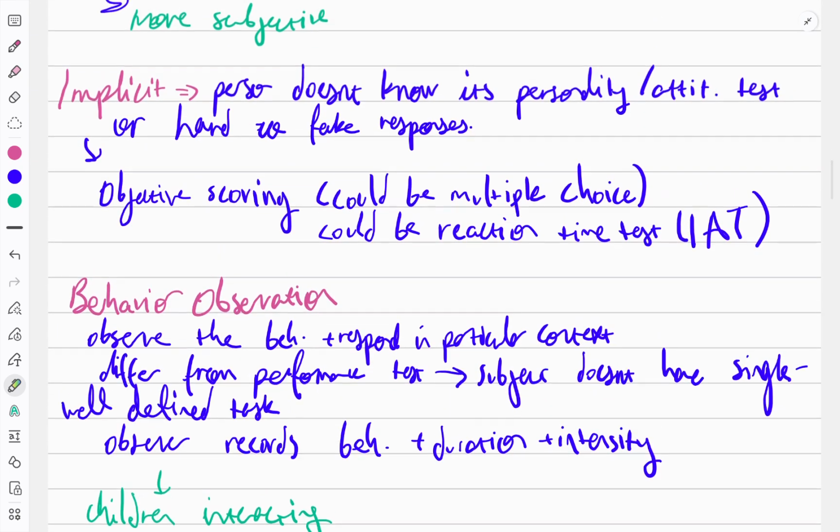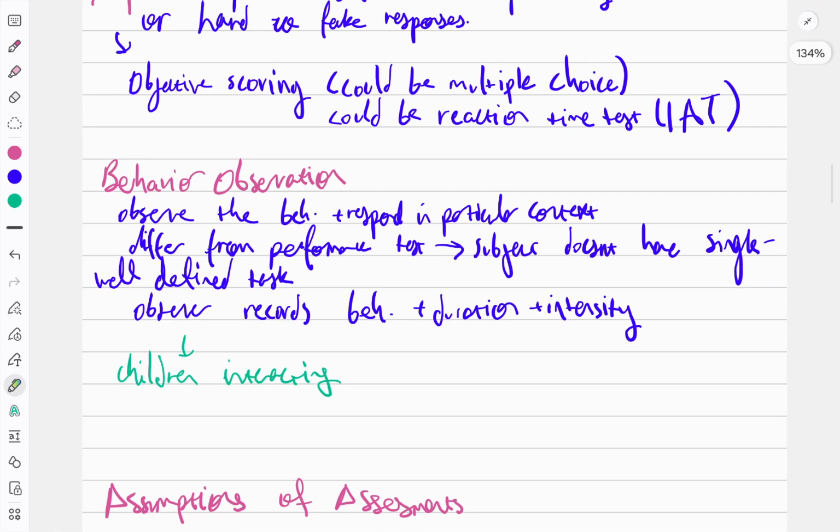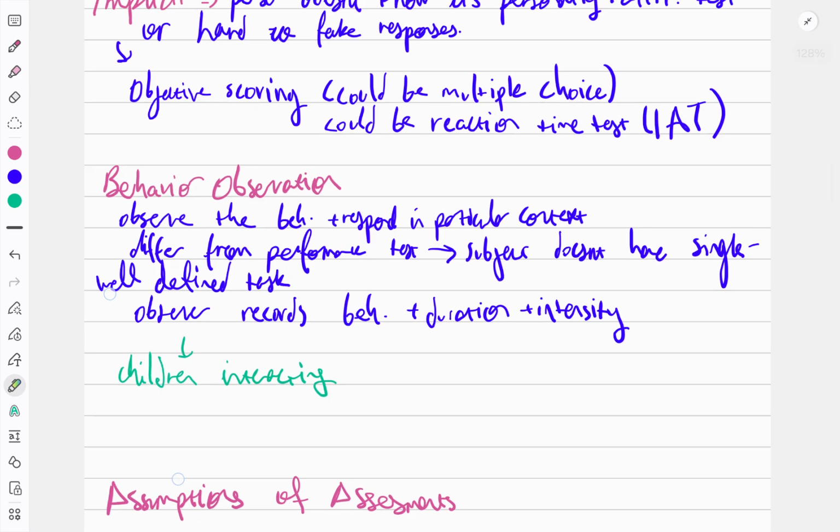So behavior observation is observing the behavior and responding in particular context. It differs from a performance test in the sense that a subject doesn't really have a single well-defined task. An observer is recording the behavior, duration, and intensity.